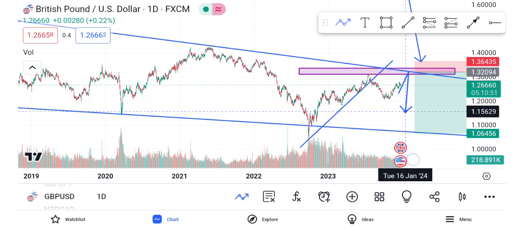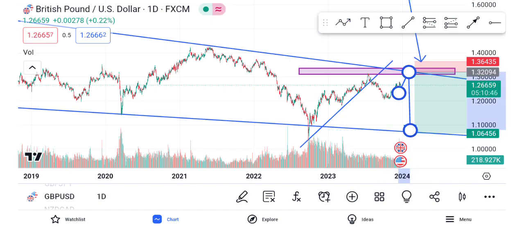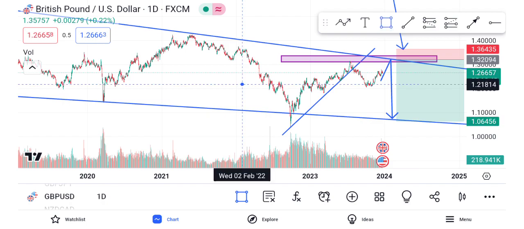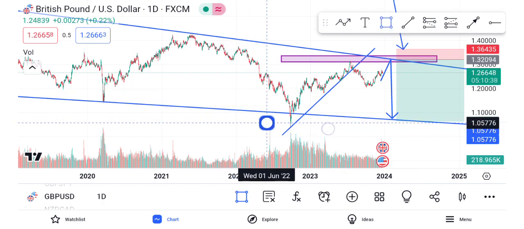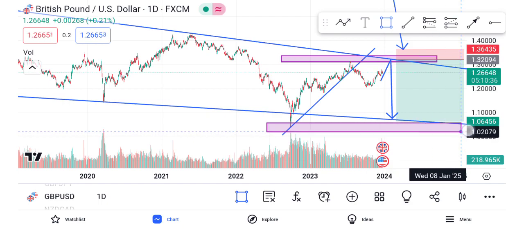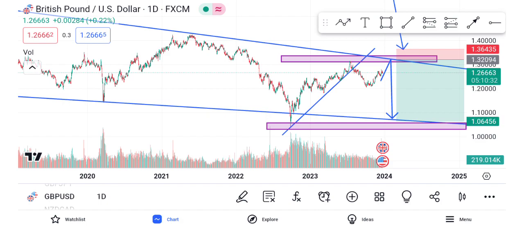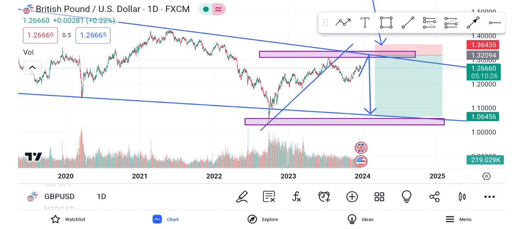Then we take our sell entry to the point where the trend line starts on the daily time frame. And don't forget, where the trend line starts on the daily time frame is where the trend line on the weekly time frame also passes through. So that's that on GBP USD.